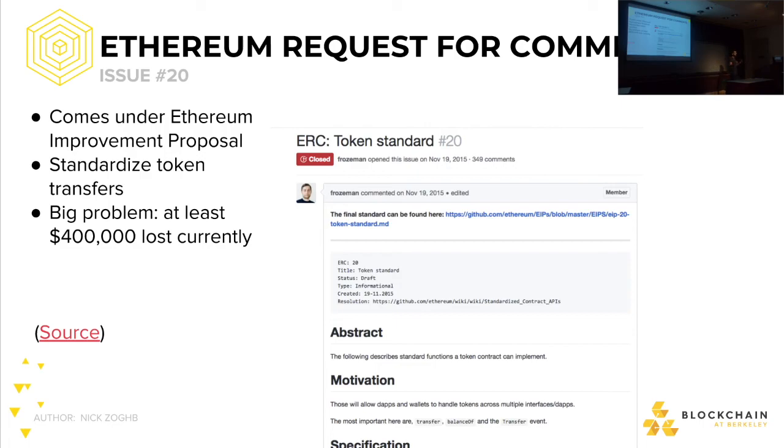So yeah, the problem that it was trying to solve in the first place was that many, many people were releasing tokens, and some of them had bugs, and some of them didn't work, and some people would put money into those contracts and wouldn't be able to get that money out. So it's not like somebody was acting maliciously and said, here's my ICO, please give me money.